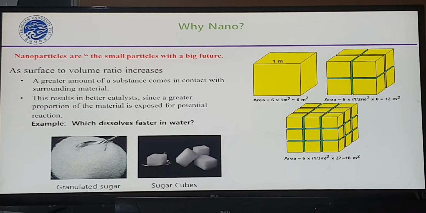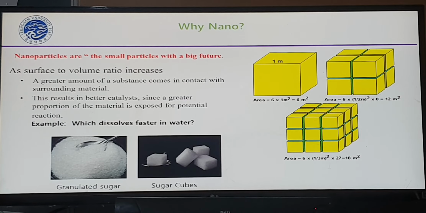Here you can easily observe how the surface area is increasing in nanomaterial. If you read this, nanoparticles are small particles with a big future.